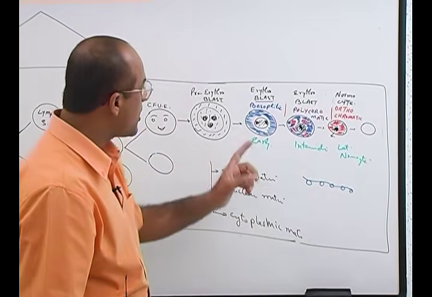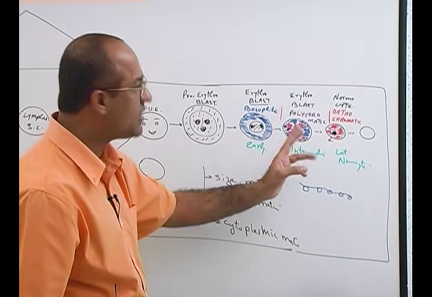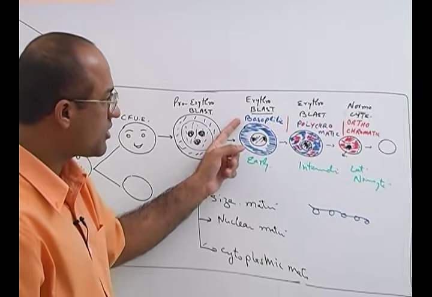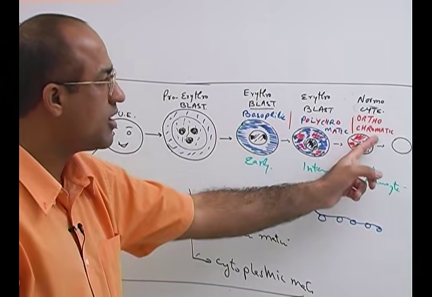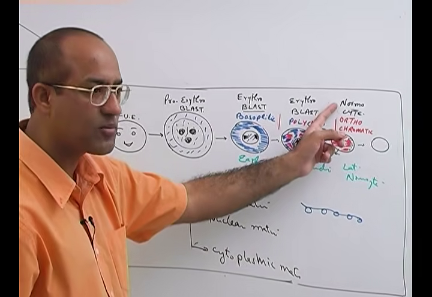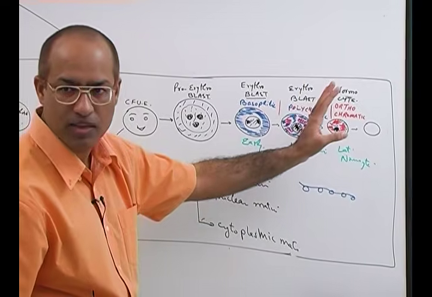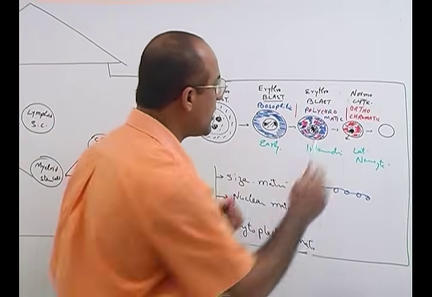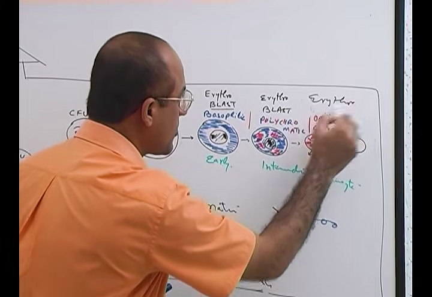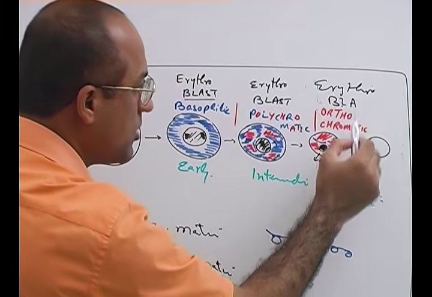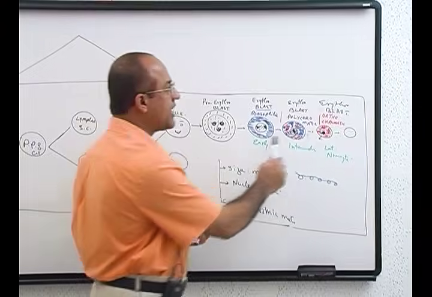Number two, all of them can be called erythroblast: basophilic erythroblast, then polychromatic erythroblast, then orthochromatic erythroblast. But actually it should not be blast because it does not multiply. But they call it blast. Then we go to the next stage.